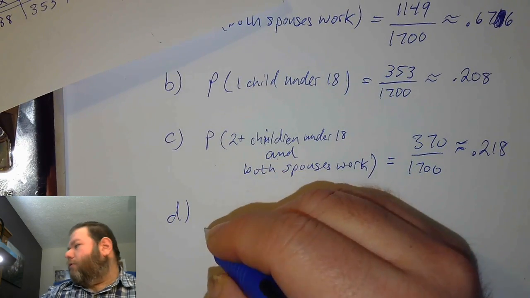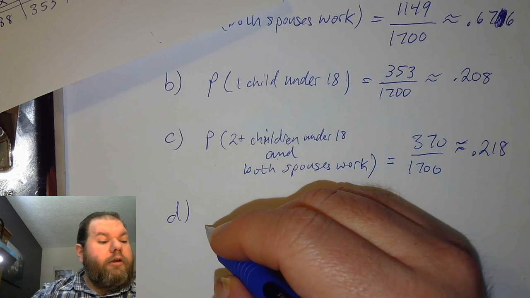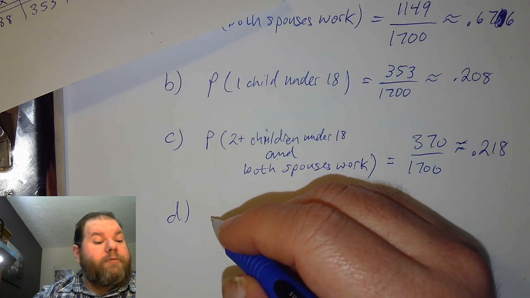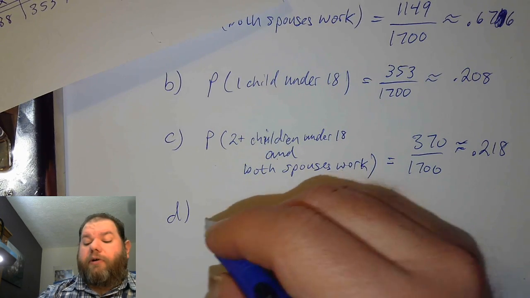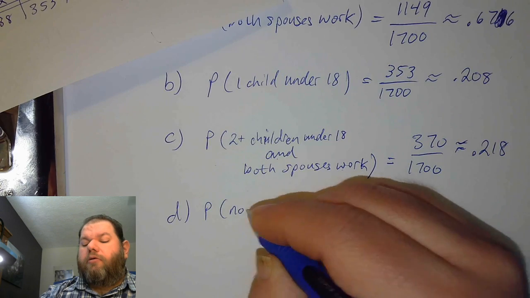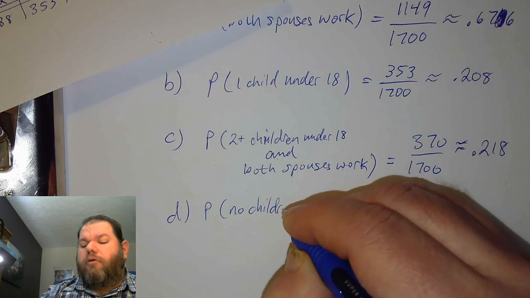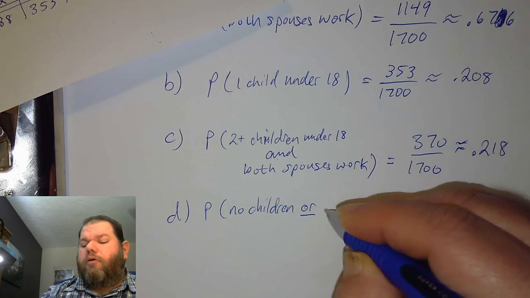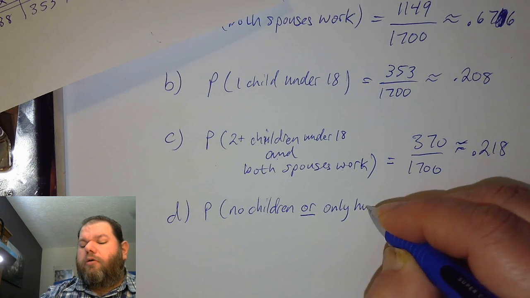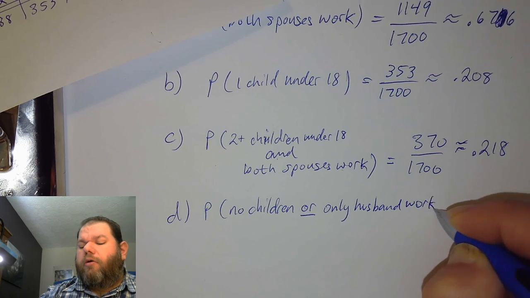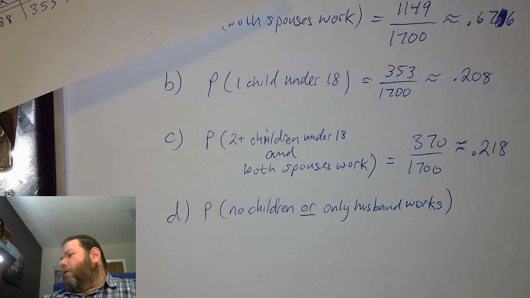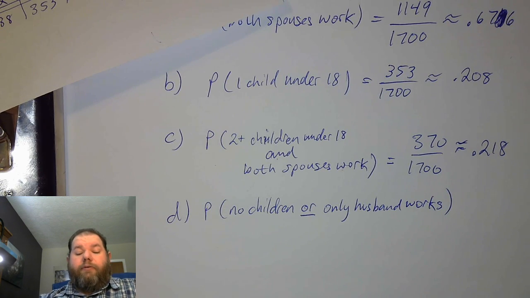D. What is the probability that for a married couple selected at random, the couple has no children or only the husband works? Now, when we see this or statement here, what we want to make sure we do is apply the addition rule.